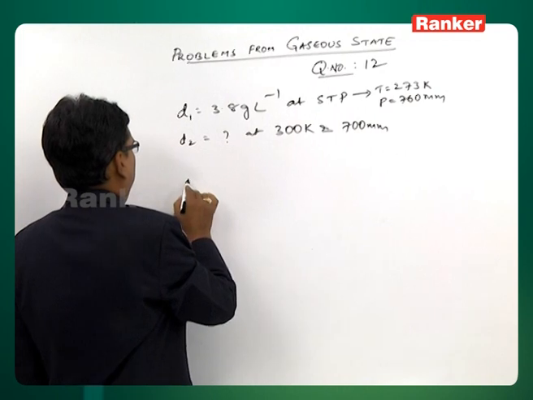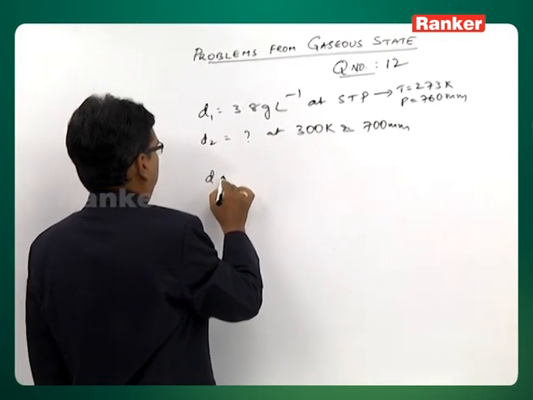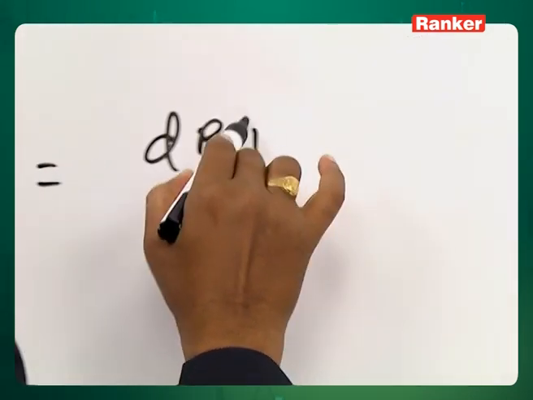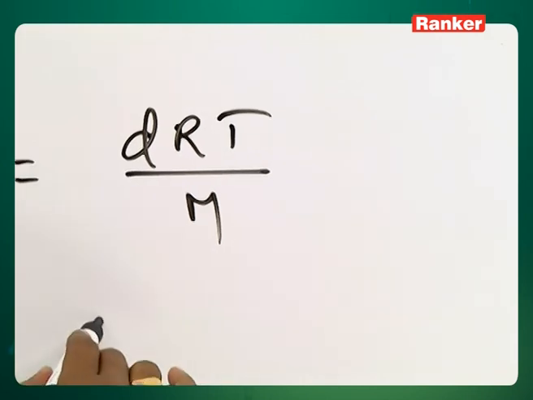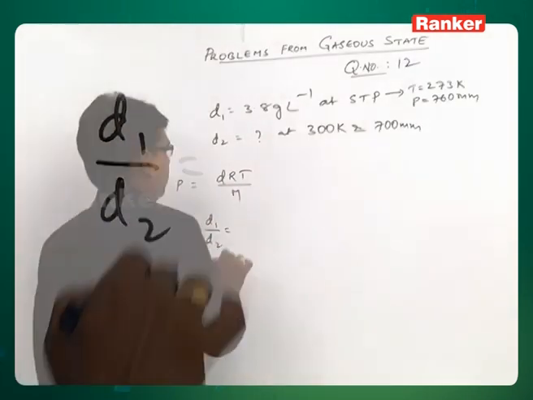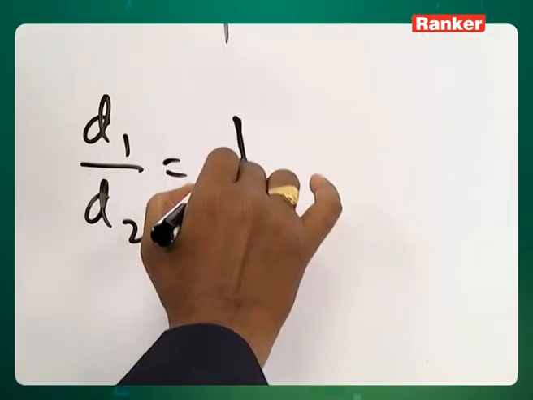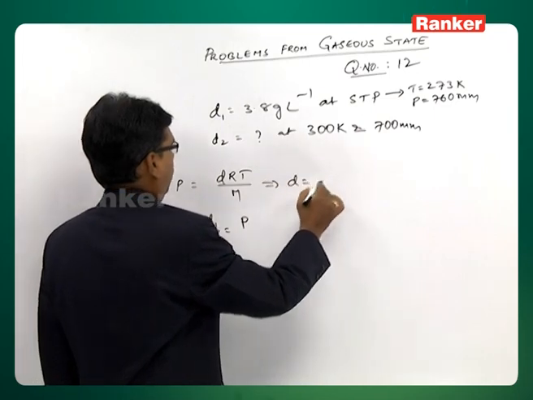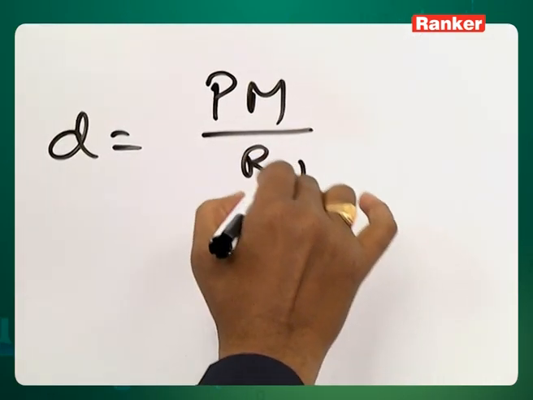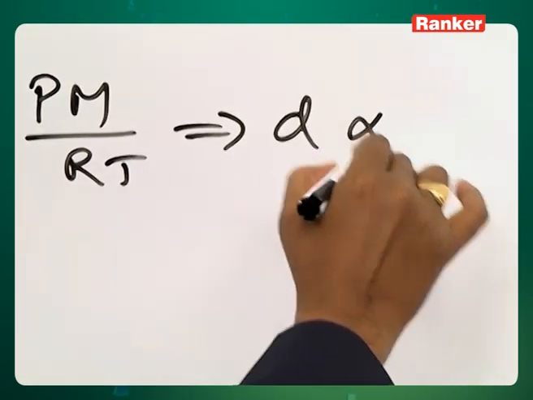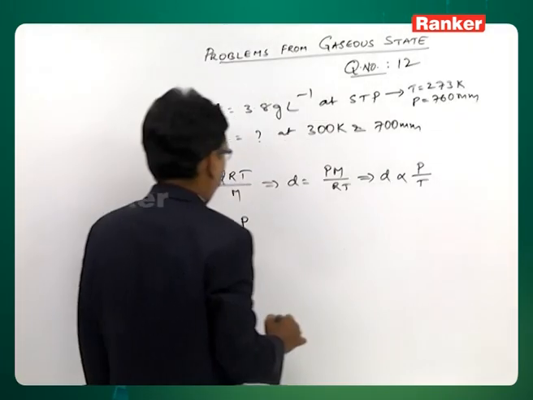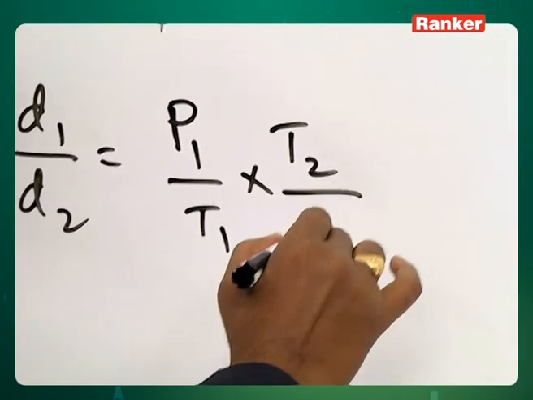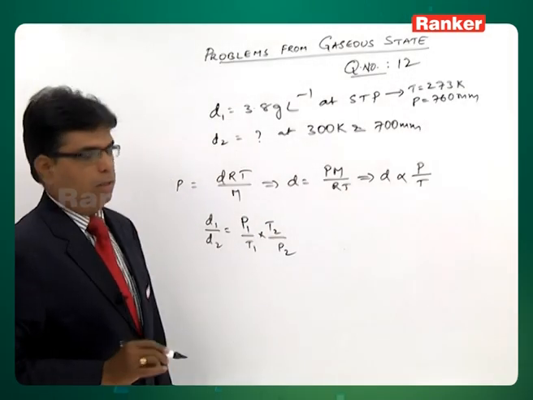So, once again for the same gas, P is equal to dRT by M. So, for the same gas, D1 by D2 at different conditions, D is equal to PM by RT. That means D is proportional to P by T. So, D1 by D2 is equal to P1 T2 by T1 P2.